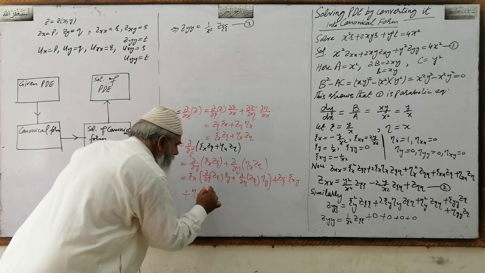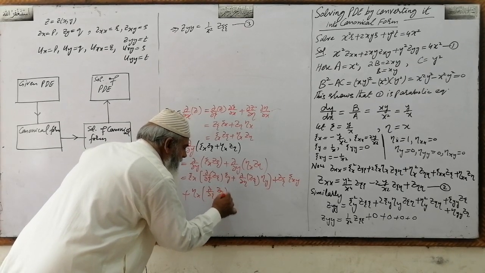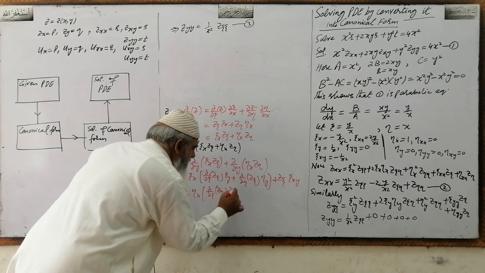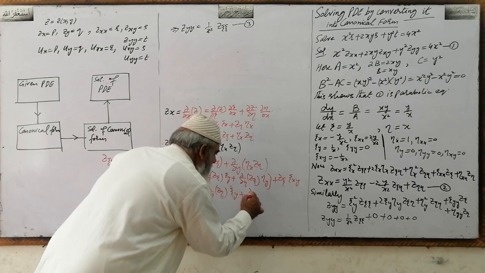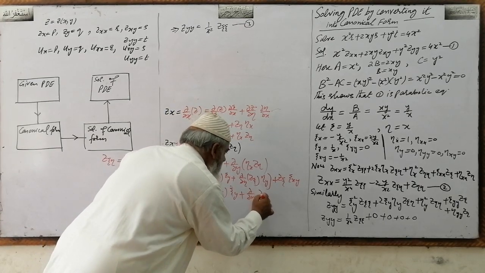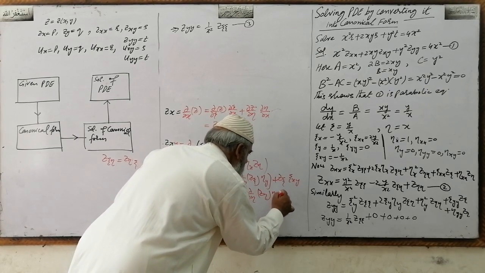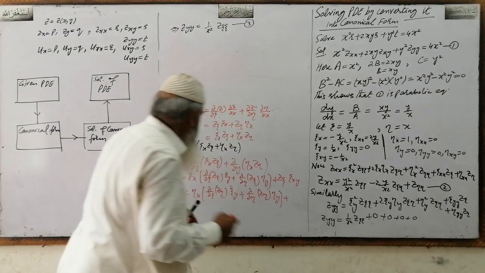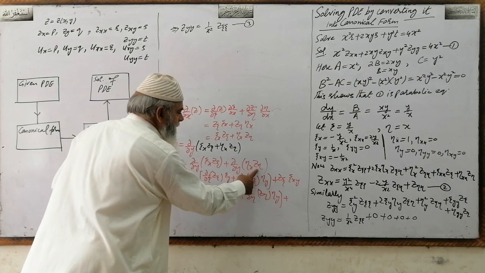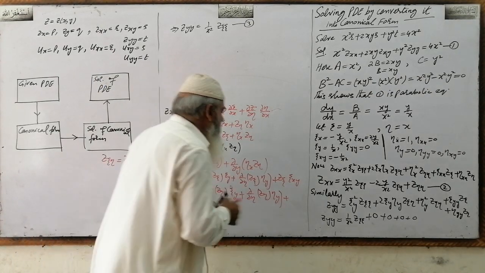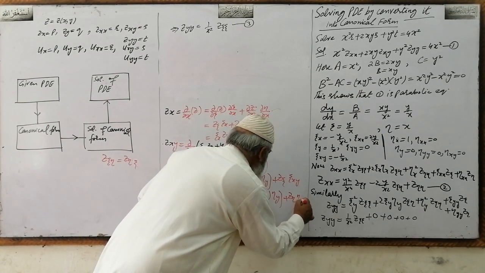Once again applying the chain rule, partial over partial ξ of zη, and this will give you ξy, plus partial over partial η of zη, and this will give you ηy. And finally, look at here, keep zη as it is and take its derivative with respect to y. This will give you zη and ηxy.